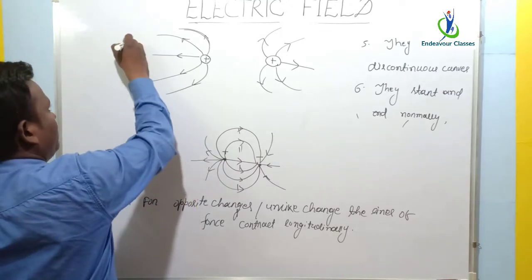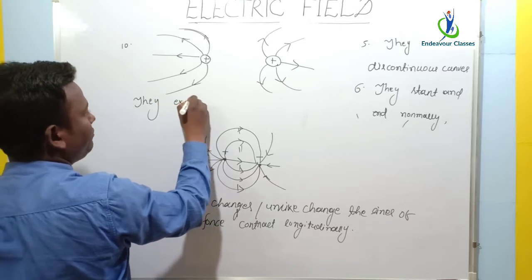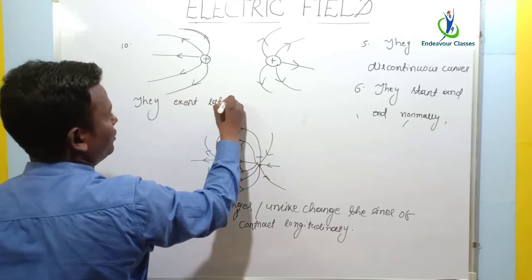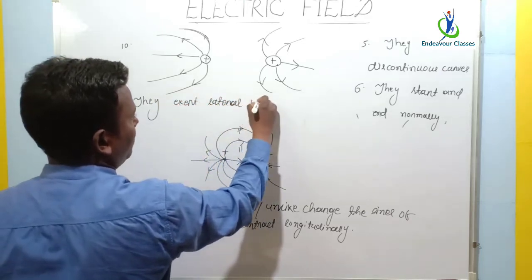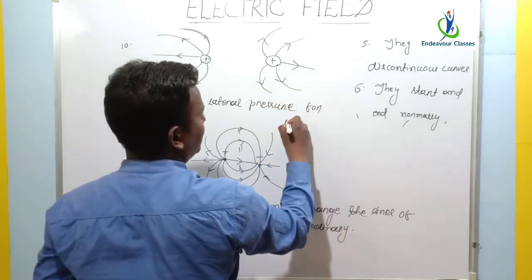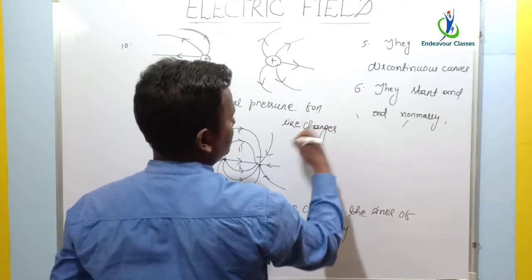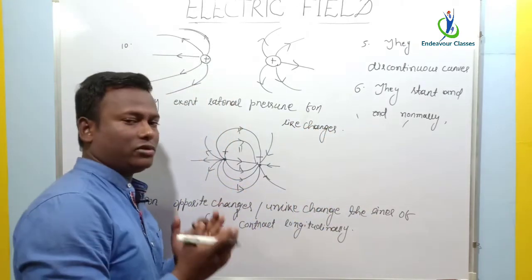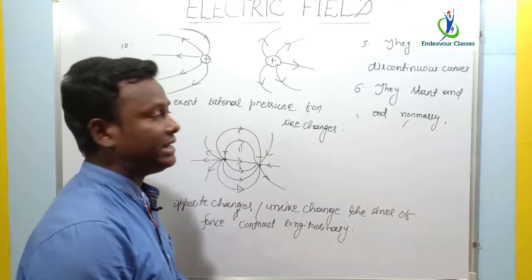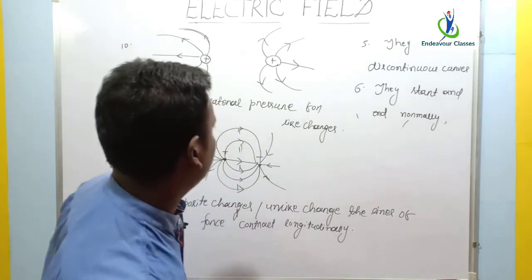This is point number 10. They exert lateral pressure for like charges, which indicates the repulsion between two like charges.